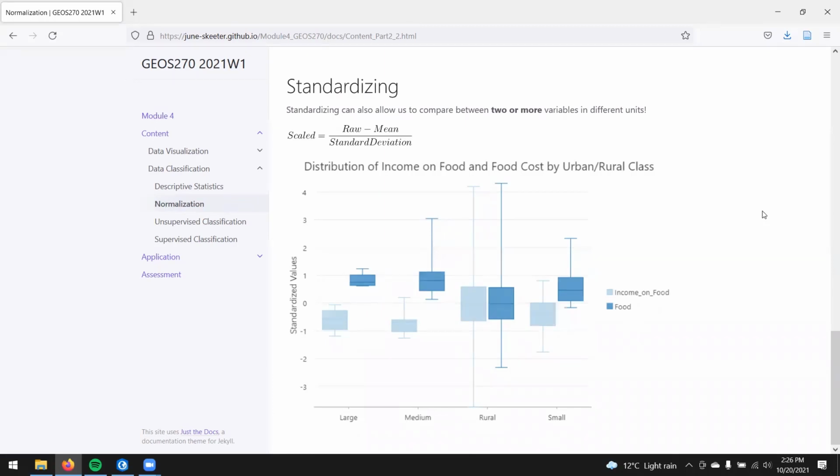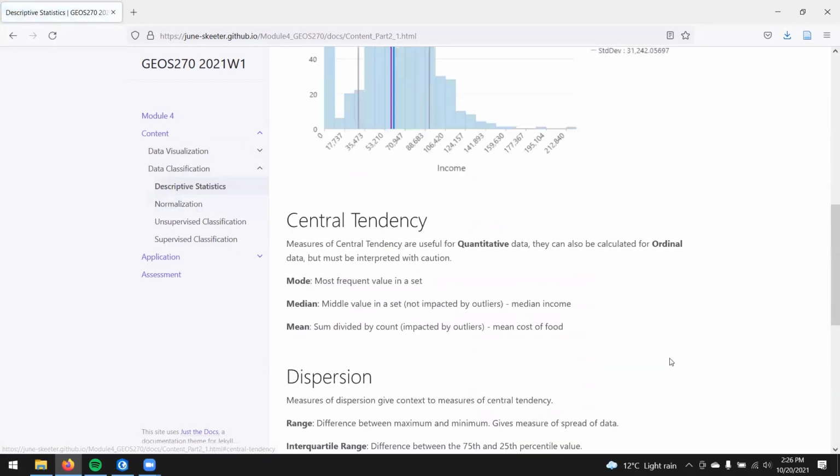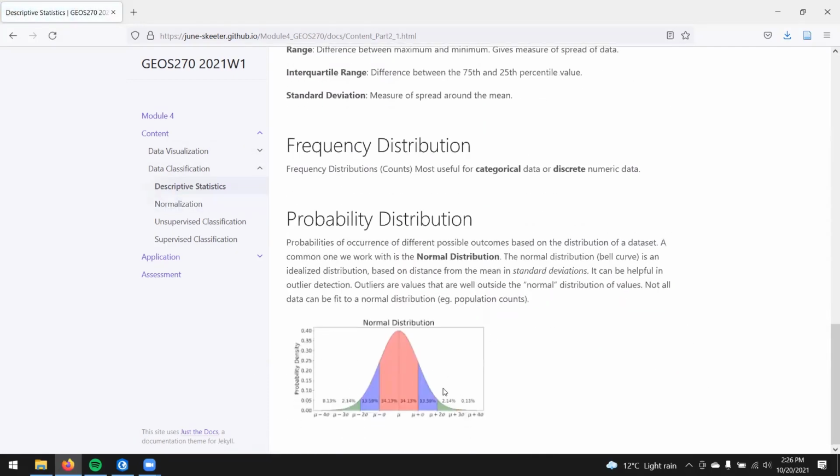And so what scaling does, this is just an example where you take the raw data, you subtract every point in that data set by its mean, and then divide it by the standard deviation. And you get something called a z-score, or a standardized value. And that goes back to this normal distribution. In the red would be plus or minus 1z, in the blue would be plus or minus 2z.